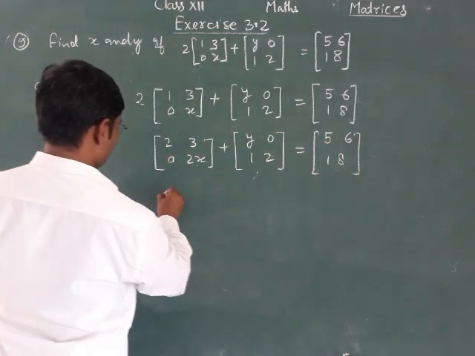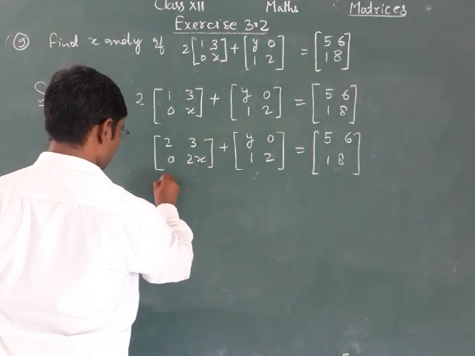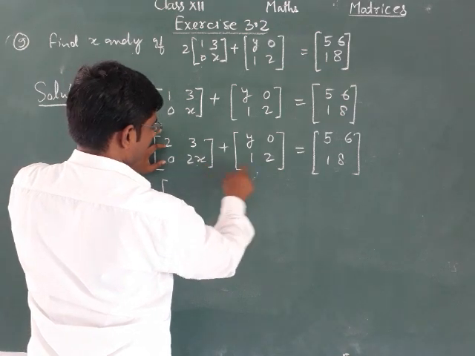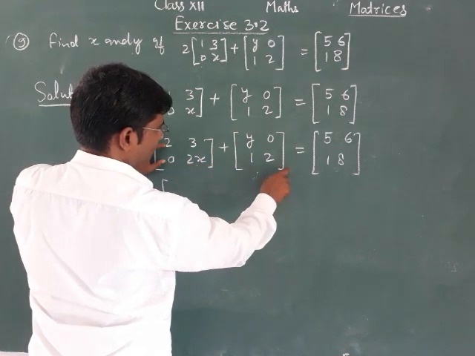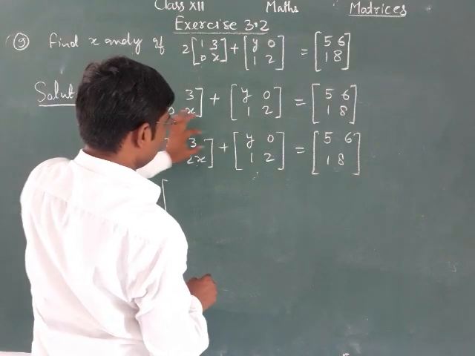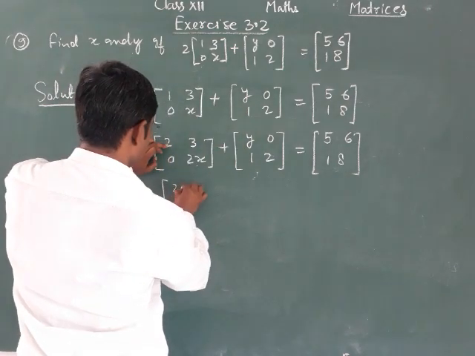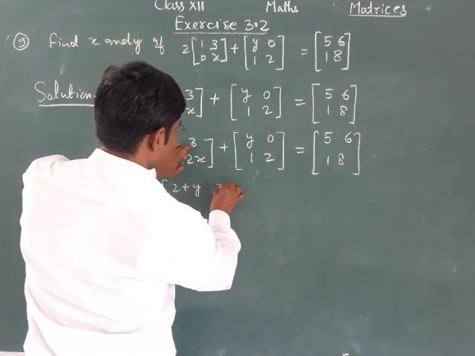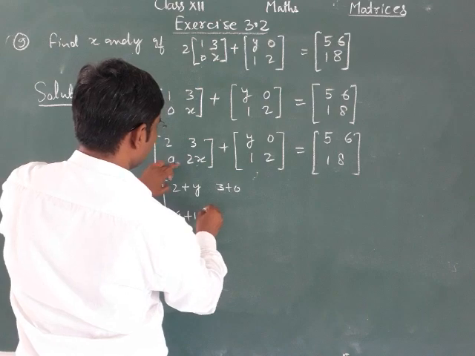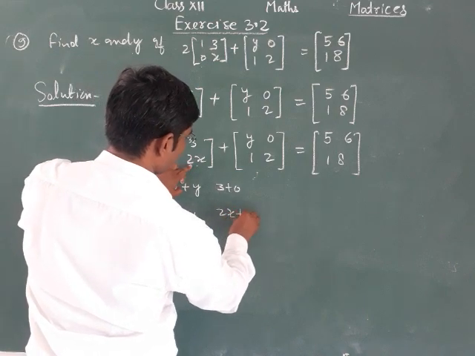Now addition of two matrices is possible if the order of the matrices is the same. This is 2 by 2 and also 2 by 2, so corresponding elements will be added. So 2 plus y, 3 plus 0, 0 plus 1, and 2x plus 2.